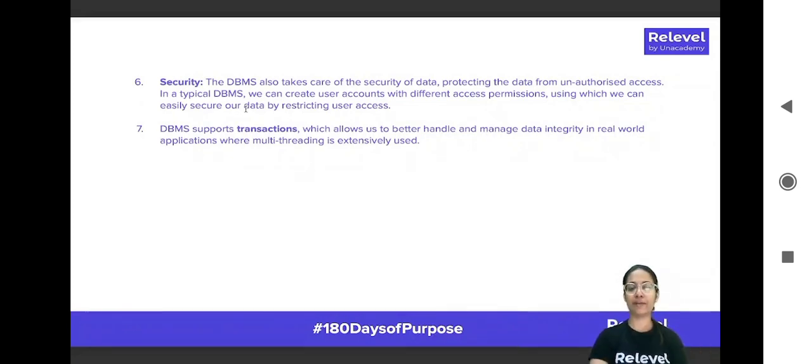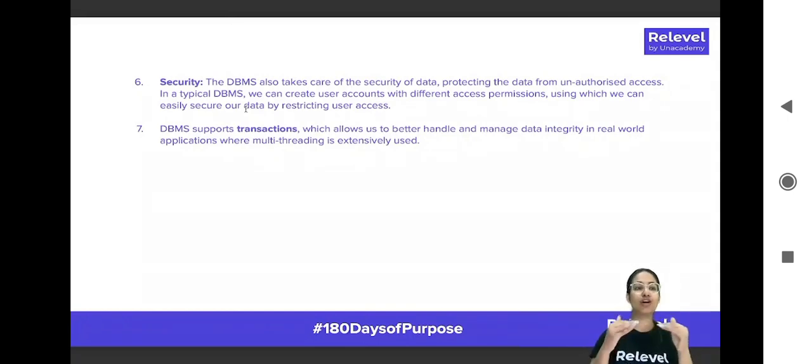In a typical database management system, we can create user accounts with different access permissions. So if it's a normal employee, a clerk, they can just view the information, they cannot do anything on it. But if I have a manager, the manager can make changes in the database, for example updating the Aadhaar of a particular employee, updating the bank information for a particular customer, or opening a new account for a customer.